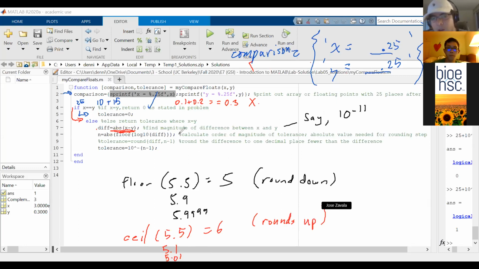And there's a third function called fix. I think it rounds towards 0, if I'm not mistaken. Let me check real quick.